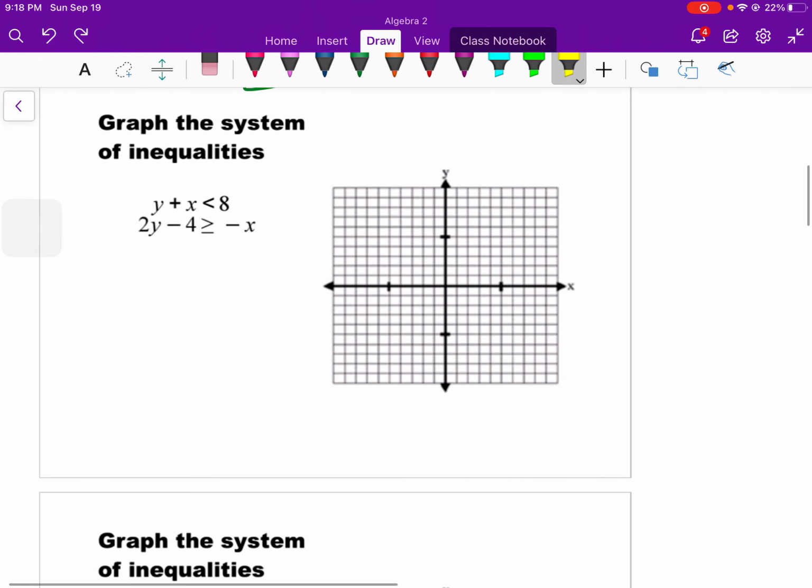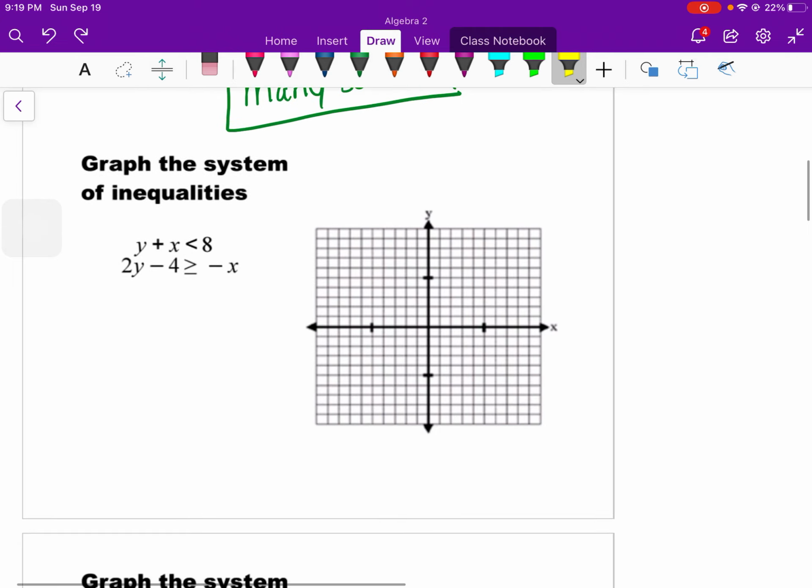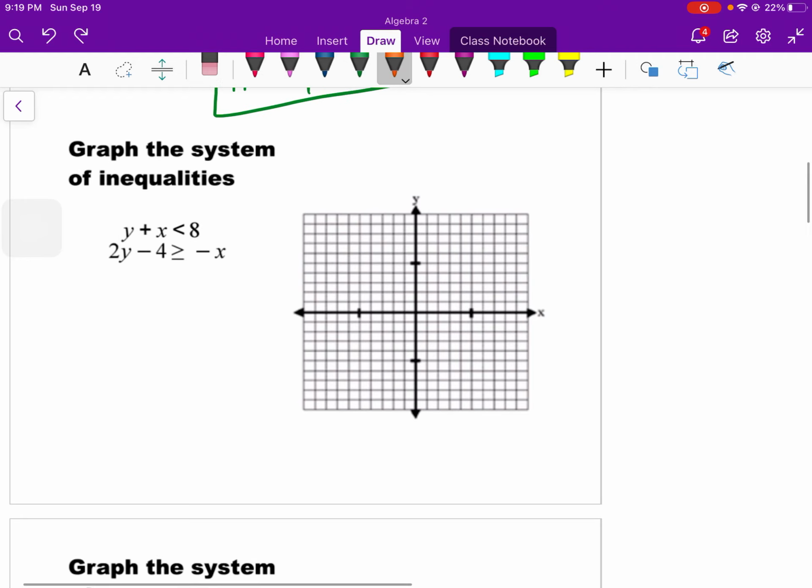All right, graphing a system of inequalities is going to be done fairly similarly. We want to use y equals mx plus b to graph the lines. A couple things we'll need to remember is we're going to make a dashed line anytime we have a less than or greater than symbol. That indicates that the points along that line are not solutions to the inequality.